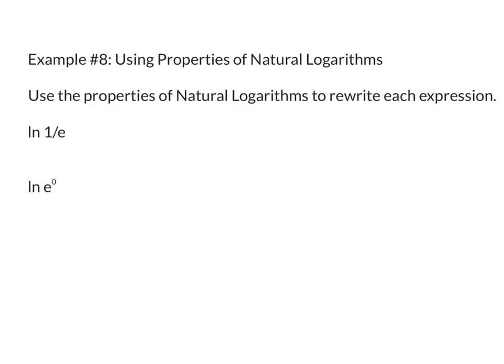So here we go. If I have the natural log of 1 over e, how do I simplify that? If you are dividing inside a natural log, that is technically subtraction. So that's the natural log of 1 minus the natural log of e. The natural log of e is really like seeing log base e of e.